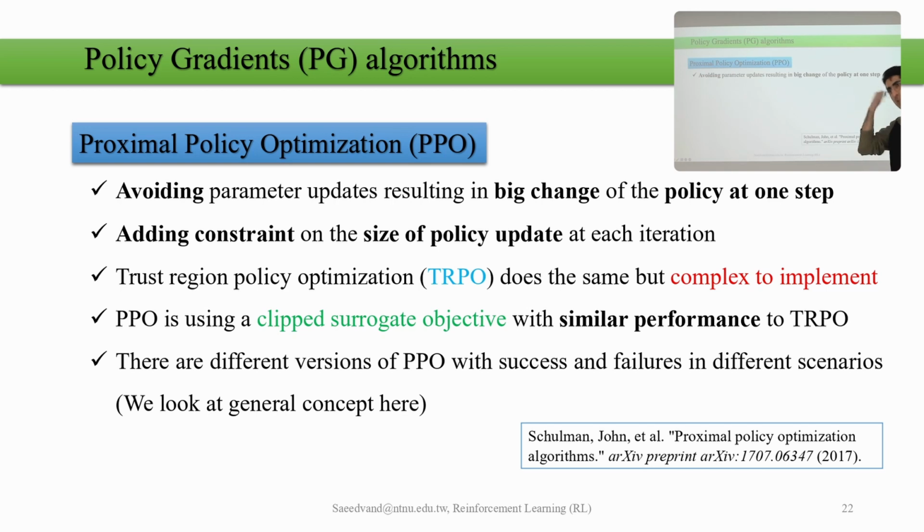Something similar can happen in those networks. If the agent suddenly sees something good and gets a big reward, it forgets everything it learned and says, okay, you are my God. PPO basically says, okay, don't do that. Let's limit it. The whole idea is this.